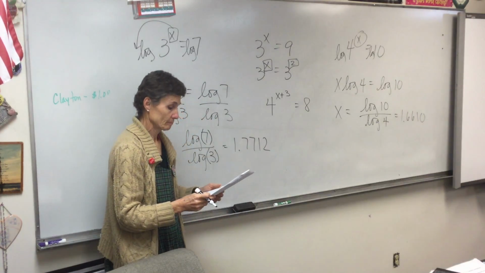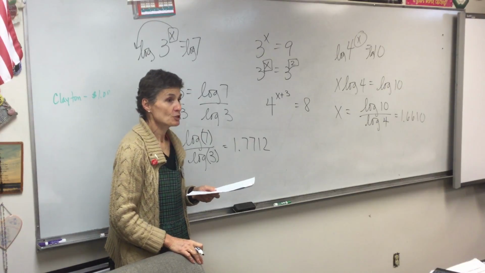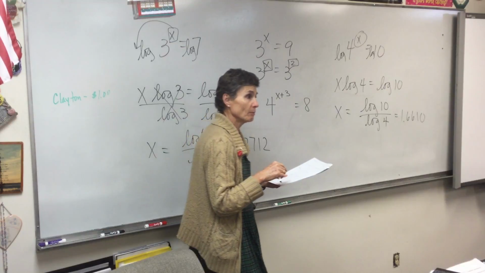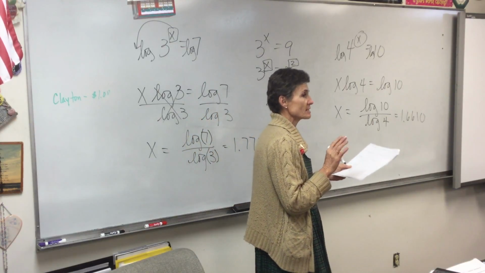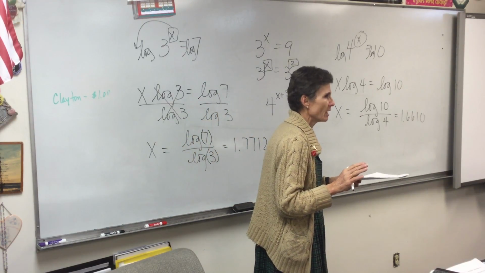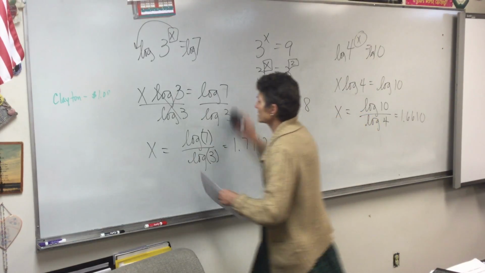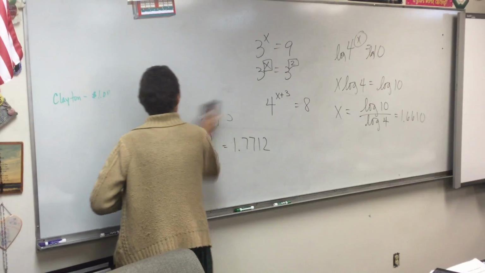Anybody have a question or an issue there? Now, when you look at the next problem, you say, oh, look at those decimals. Does it really matter? No, not one bit. We can make the numbers as bad as we want. It doesn't matter. You're going to your calculator anyhow.